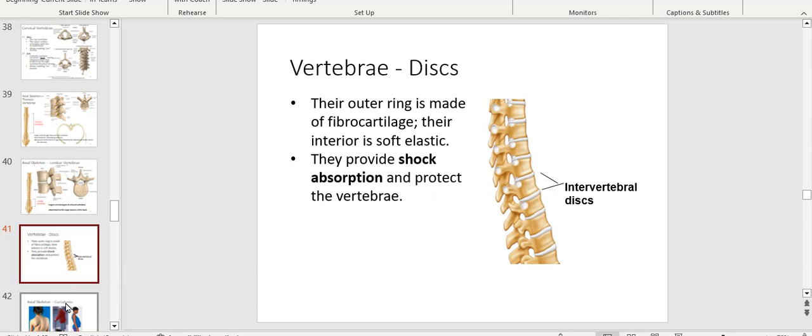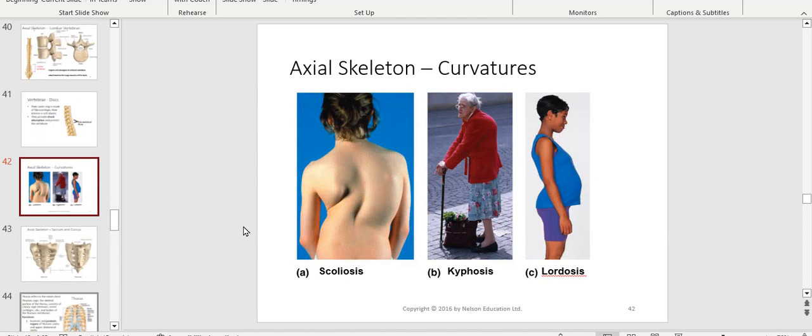All right. Axial skeleton, curvatures, and you'll see here a lateral deviation, lateral left to right, and from what I understand, we all have a little bit of scoliosis to some degree. Okay, you'll see there that it's extremely elevated in this individual here. Okay, we've got an extreme deviation there. All right, we have another one here called kyphosis.